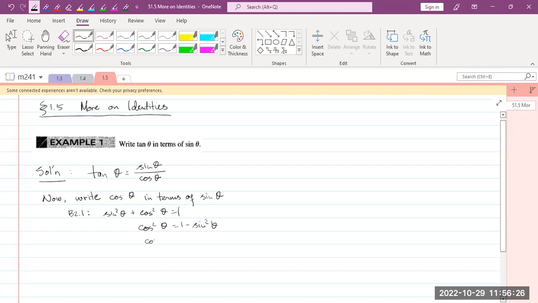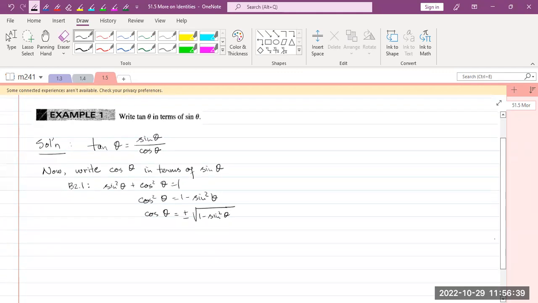So cosine theta is plus or minus square root of 1 minus sine squared theta, depending on which quadrant theta is located. But for now, because we don't have the quadrant for theta, we will just write the cosine that way. So tangent theta is sine theta over plus or minus square root of 1 minus sine squared theta.